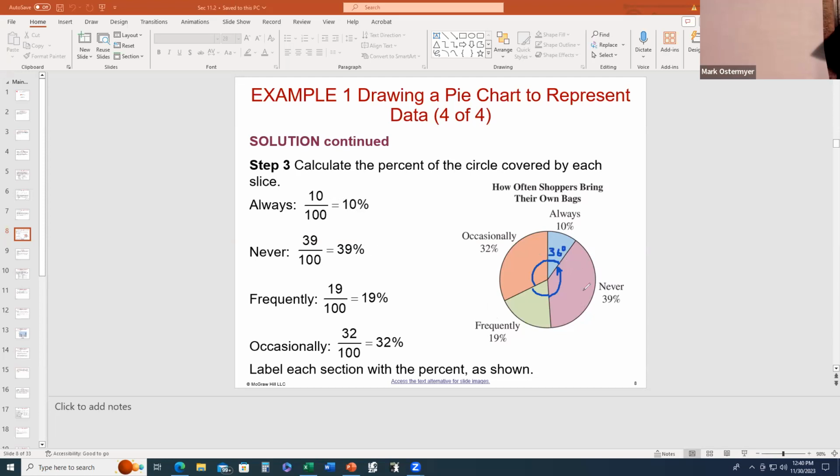And so just by looking at this circle graph, you can determine very quickly that the most frequent response is that most people never bring their own grocery bags to the grocery store. All right, a very small sector, 10%, always bring their own grocery bags to the shopping experience.